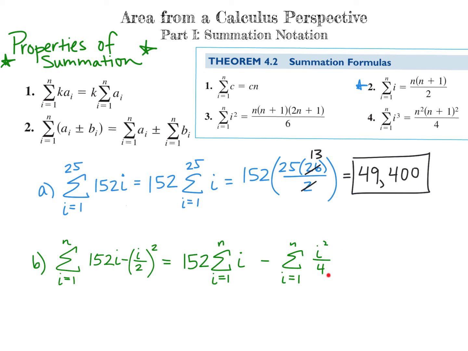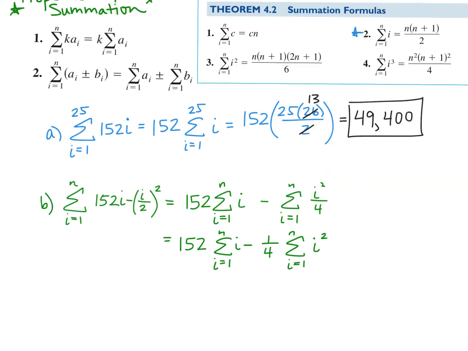The reason that I did that is because we actually do have a k value again, just like we had in 152, that we can bring out front of the summation. Can you see what that value is in front of the i squared? It's 1/4. Now I've rewritten this second term with the 1/4 out in front. Now if you take a look, we have the summation of i equals 1 to n of simply i.